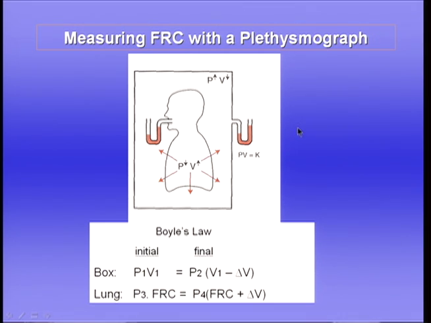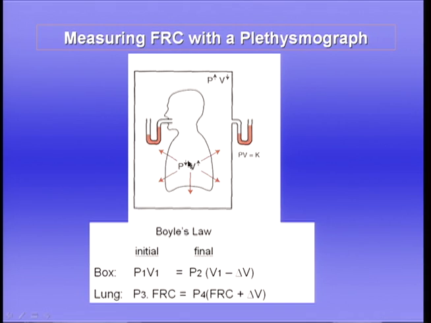A very elegant device. Incidentally, it turns out sometimes that the measurements made by helium dilution and with the plethysmograph are different. Of course, in normal subjects, as you might expect, they're the same. But in some patients with lung disease, they're different.